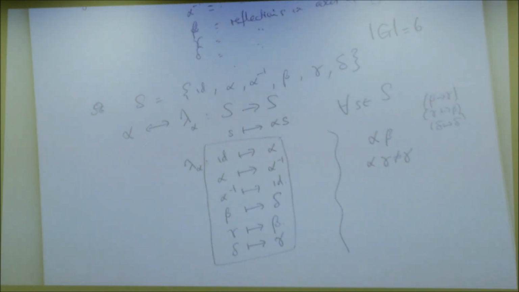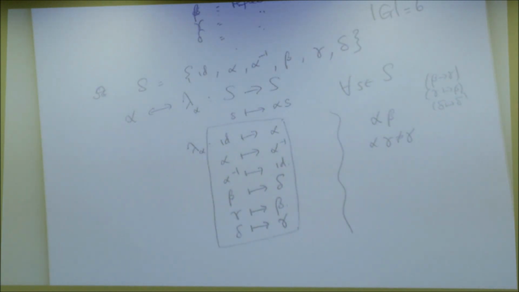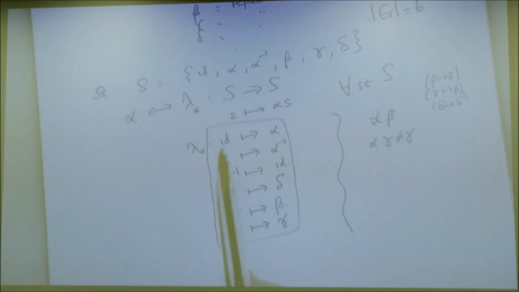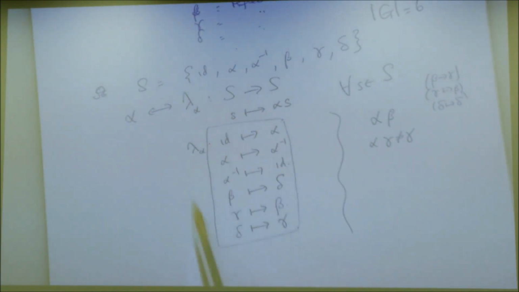Now if you want actual concrete numbers, you could label these 6 group elements 1, 2, 3, 4, 5, and 6, and left multiplication by alpha would then be a particular permutation of 1, 2, 3, 4, 5, or 6, and you could write it out using cycles. Okay, and you could do the same for every group element.